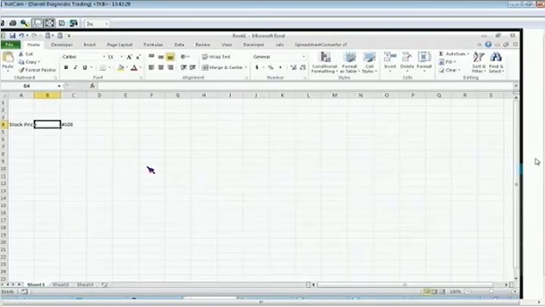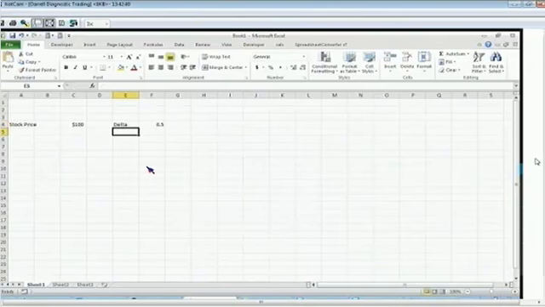Okay? So $100 is the value of the stock. And then let's say I have a delta of 0.5. And the stock goes up $1.